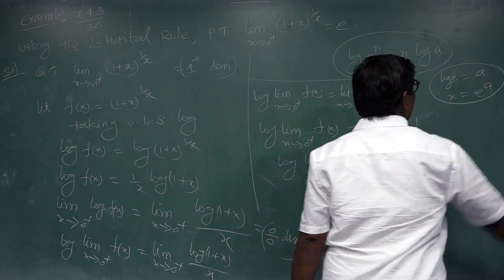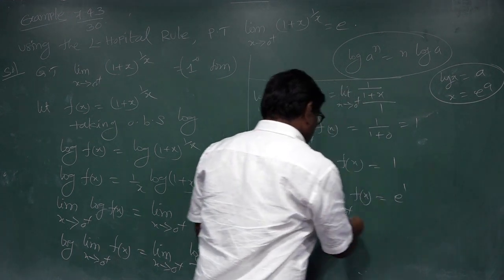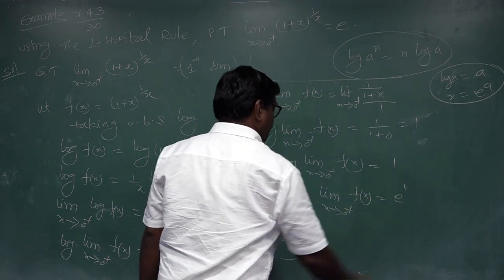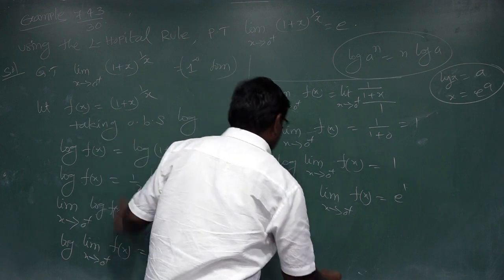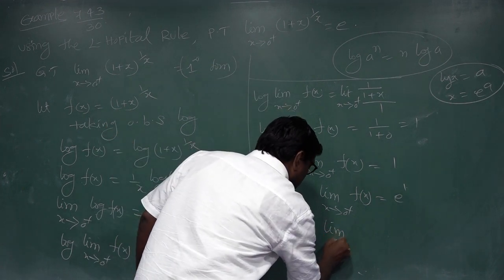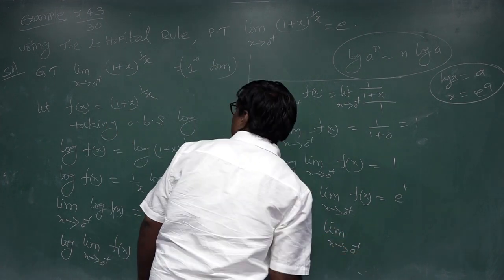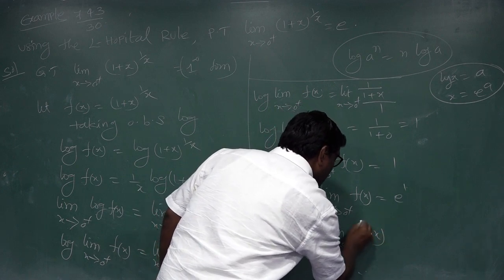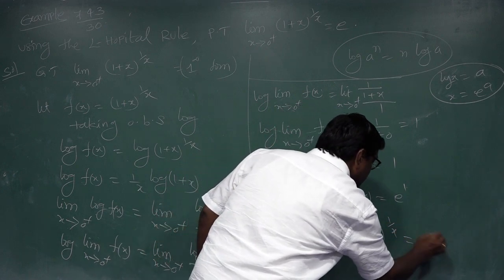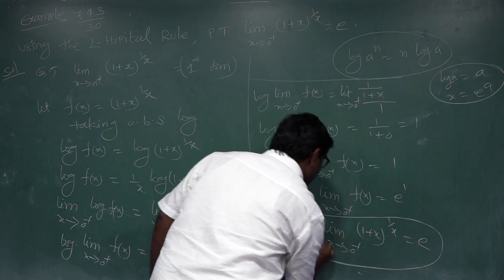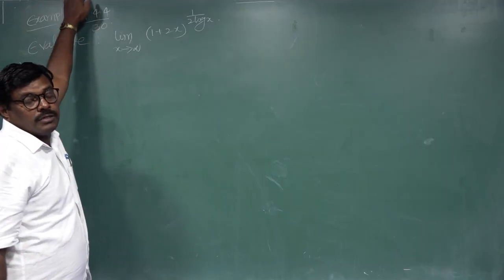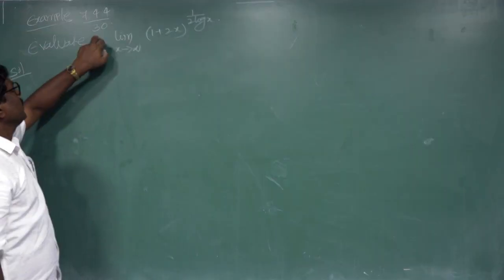So the right side is e power 1. The limit as x tends to 0 plus of (1 plus x) whole power of 1 by x equals e. This is example 7.44, page number 30.